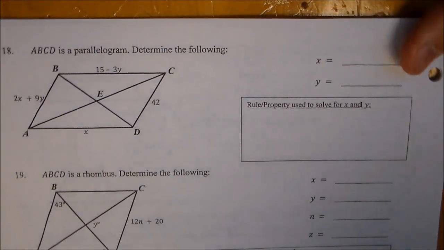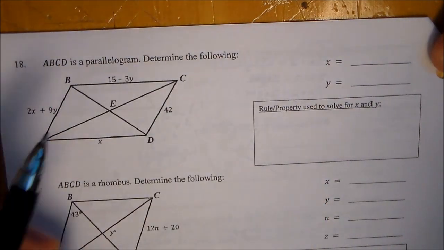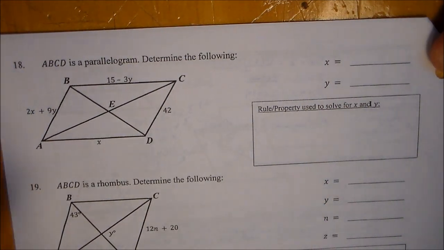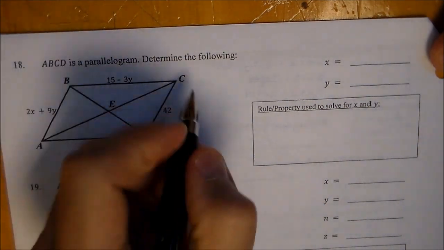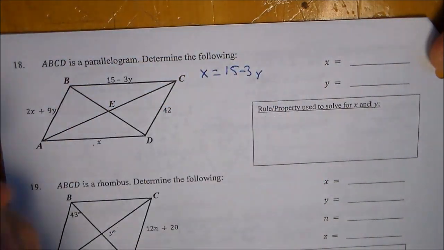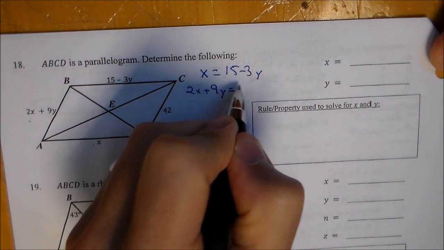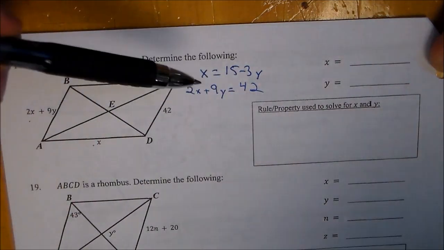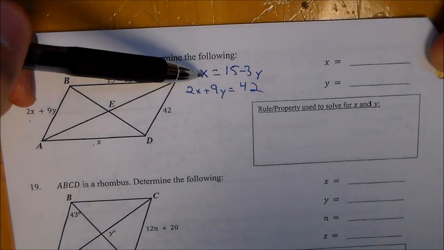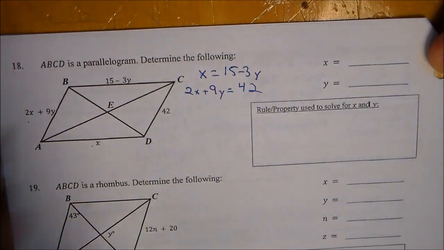For number 18, we have a parallelogram. We need to solve for both x and y. So let's start with writing some equations. So we have x equals 15 minus 3y, and we have 2x plus 9y equals 42. So I have 2 equations and 2 unknowns. It looks like I can easily substitute the x is equal to 15 minus 3y into this equation.